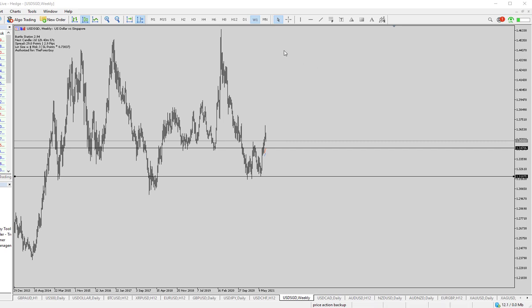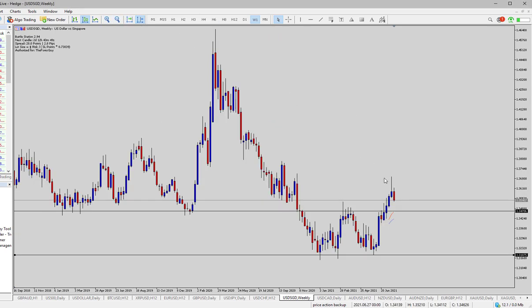But a lot can happen between here and here. This is the weekly chart zoomed out. So what we're actually seeing is sort of a transitional phase of the market where it's broken out of one structure and starting to form something else, whether it's going to be a trend, it's going to make a new range, is it going to start channeling?